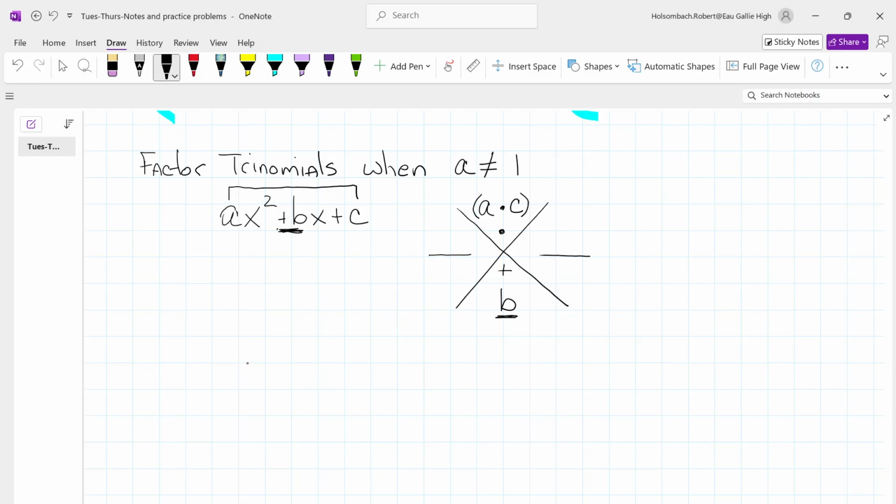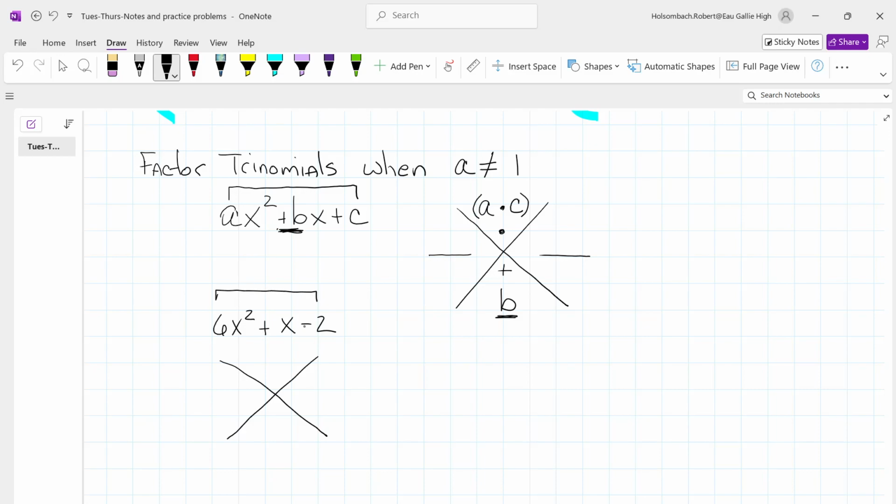So the first thing we're going to do is factor 6x squared plus x minus 2. All right, and our first step is to draw this x. Now in the top of this x, we're doing a times c.